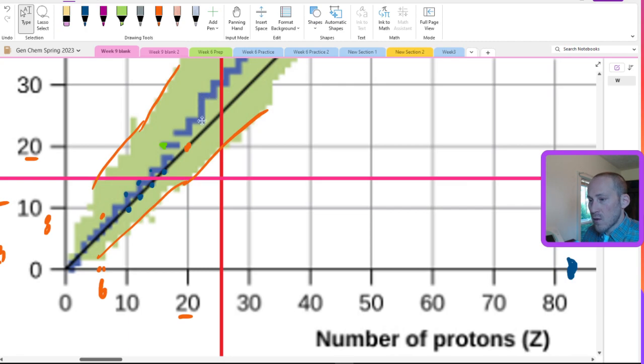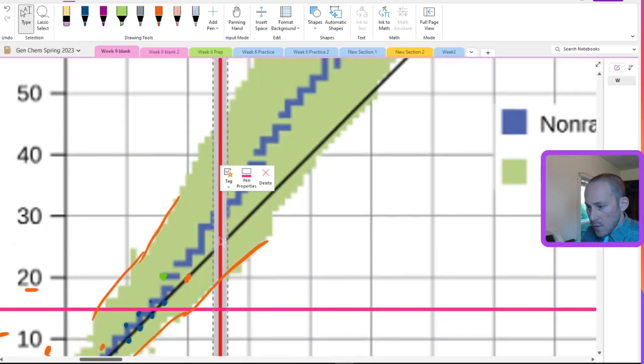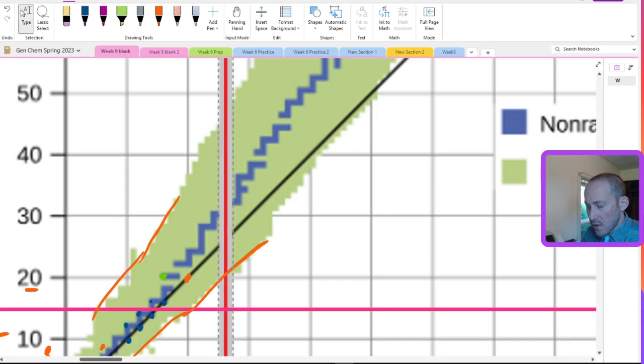Oh, so 22 has several different stable options. Apparently 23, 24, so that's 24, and here is 25. So that is correctly lined up. If it was 26, there we go. So 26 is right on this line, and 25 is in between.